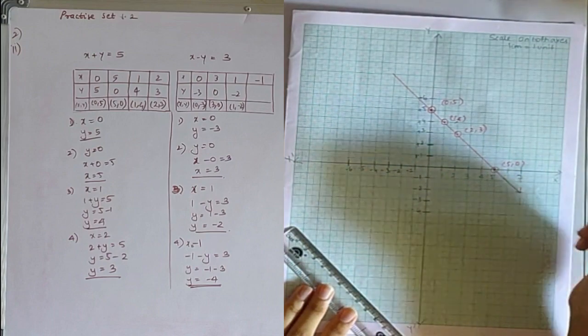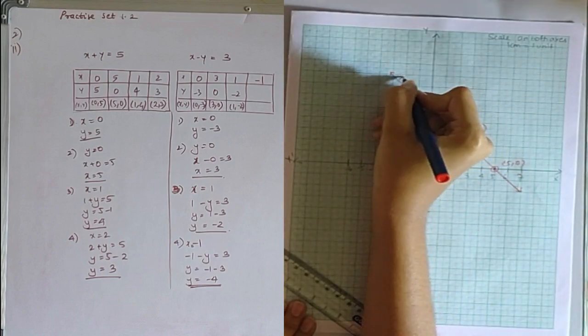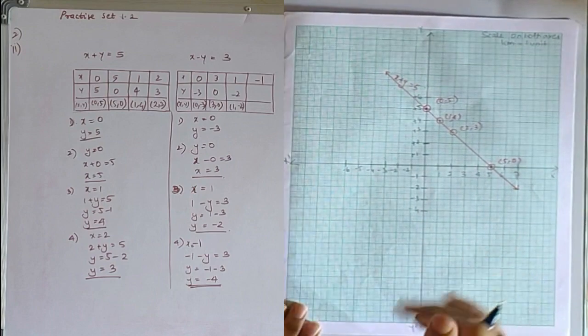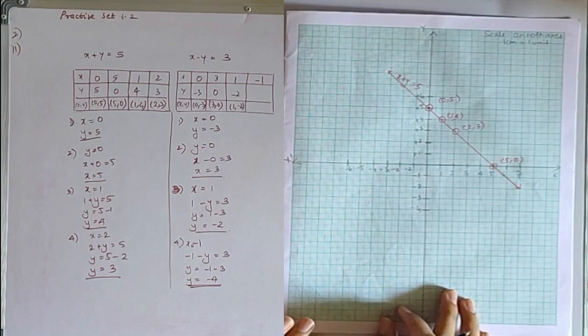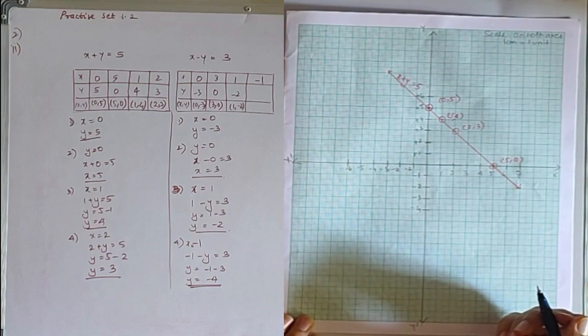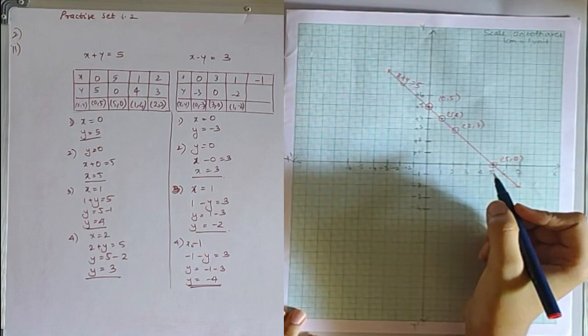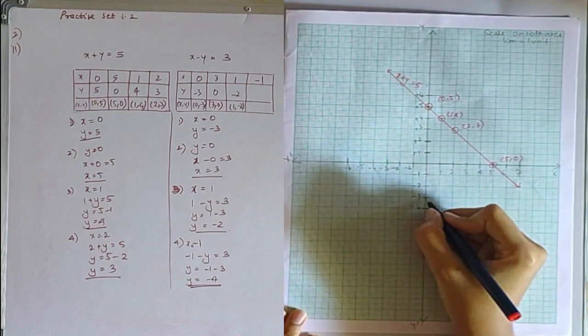Done. And I need to write this also without forgetting. Next, for x minus y is equal to 3, I'll plot the points. 0, comma, minus 3. So where is my 0, comma, minus 3? It will be here.